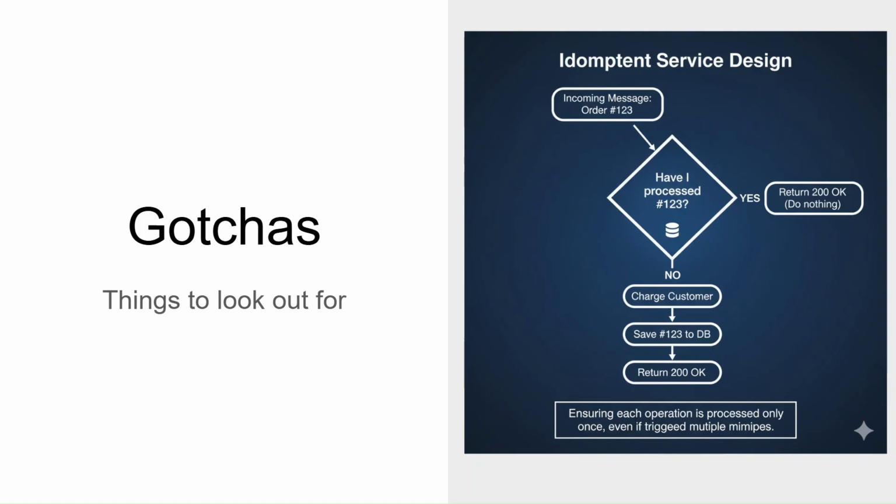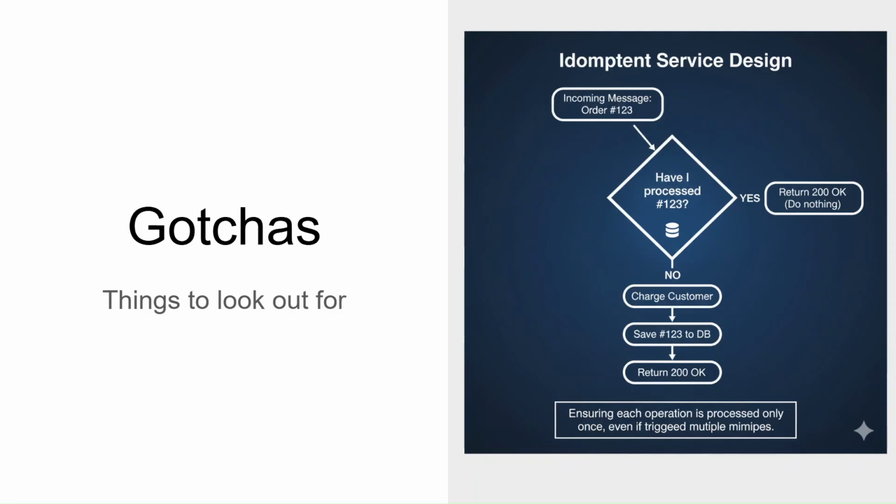Now, the thing to look out for is that you need to think about idempotency. I will see if I can find the article and link it in the video. Google Cloud published a very good article on idempotency that I think you should take a look at if you are interested in designing idempotent applications, functions or services. The idea is that if a message comes into your application and you are handling it through events, you want to make sure that you do not process that particular event multiple times.